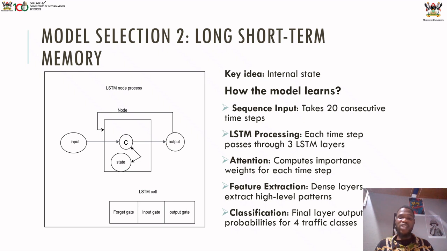And then feature extraction, this is where you choose the important features that influence prediction, and then you do what we call classification on the last step here. So there are four classes, either high or heavy traffic, and then moderate, normal. Yes, those are the predictions.